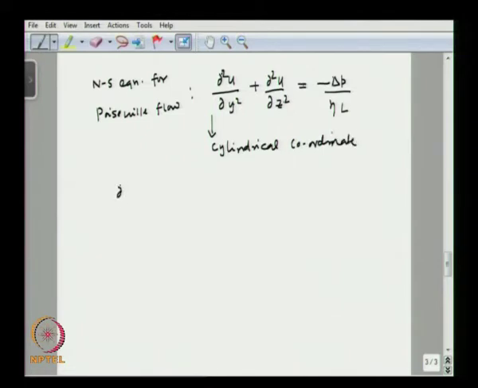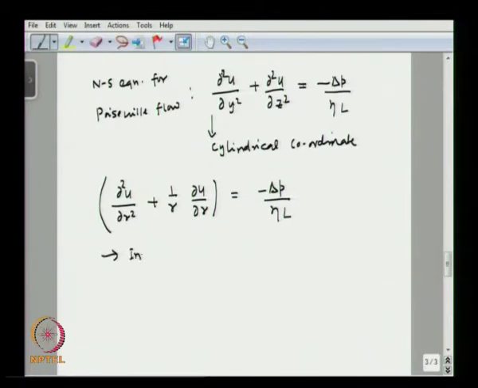Del square u over del r square plus 1 over r del u over del r will be equal to minus delta P over eta L. Now if you integrate this equation twice, you get u(r) equal to minus delta P over 4 eta L into r square plus C1 ln r plus C2.